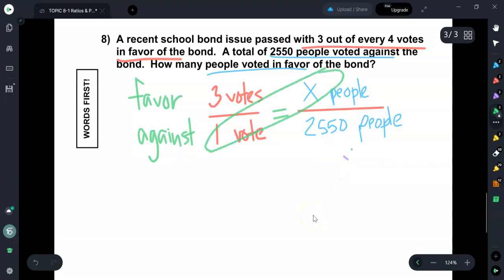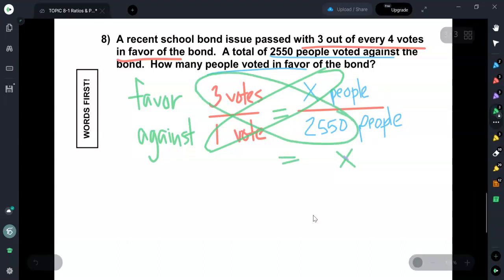1 times X is X. And 2,550 times 3 is 7,150, I believe. Let's verify that with the calculator because sometimes my math is not all that great. So 3 times 2,550, yes, sorry, 7,650.